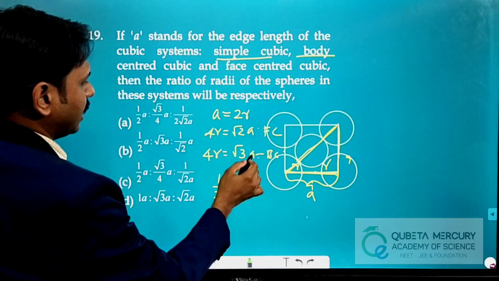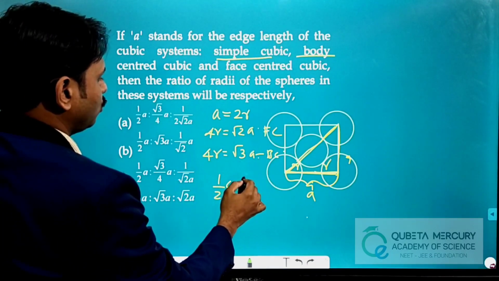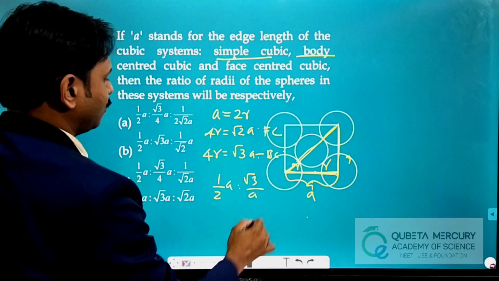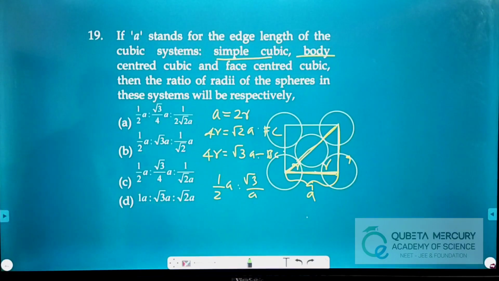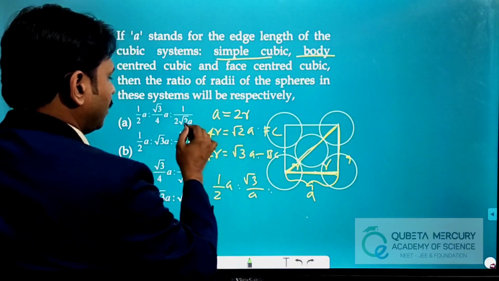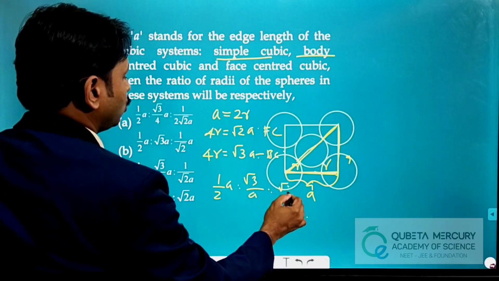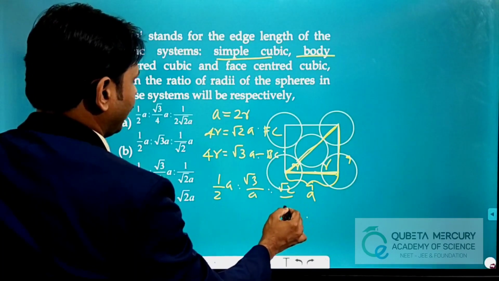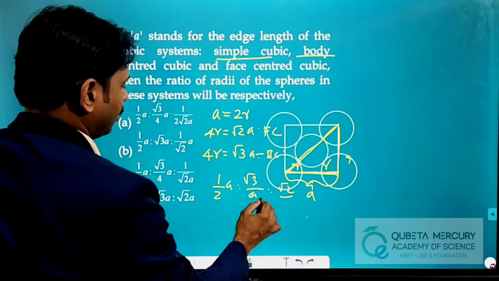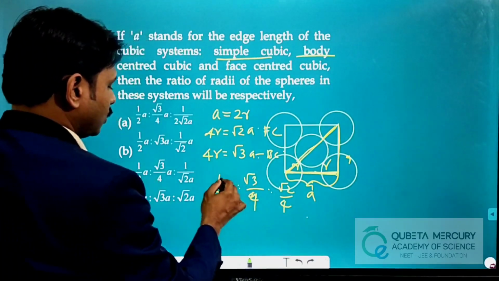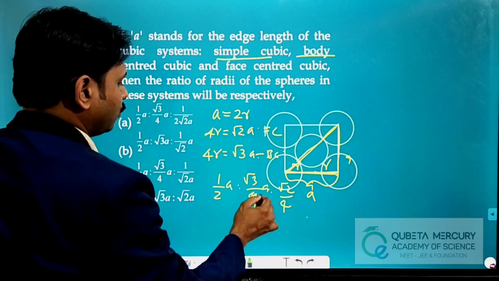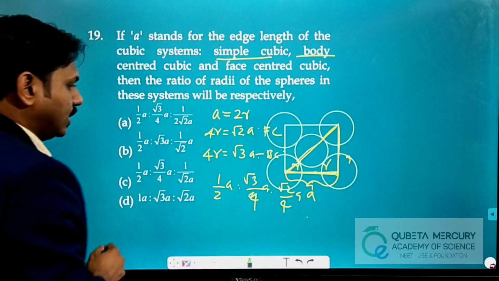So r equals root 3 a by 4. Then for FCC, face-centered, I can write r equals root 2 by 4 a. So 1 by 2 a, root 3 by 4 a, root 2 by 4 a, likewise.